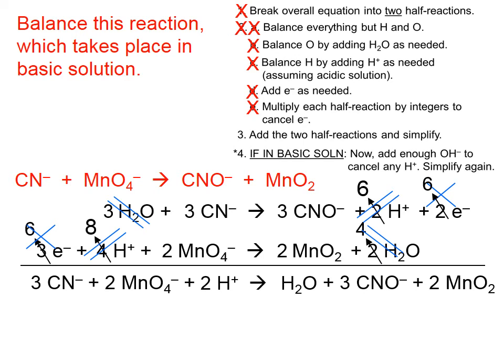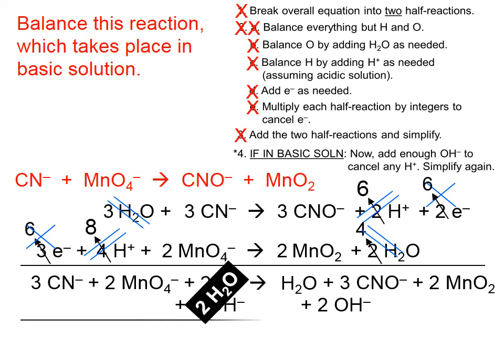But it very clearly in the upper left states that this reaction takes place in basic solution. So now we need to go on to step 4, which says add enough OH- to cancel any H+. So what we're going to do is put 2 OH- on each side, because this equation is now balanced. So whatever we do to one side, we have to do to the other. Now 2 H+ plus 2 OH- yield 2 waters.